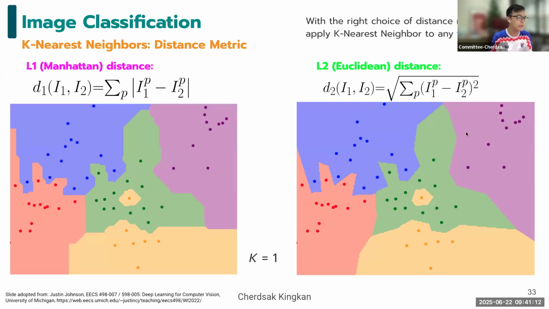But if you are using the L2 distance, it can go in many angles in between. Anyway, it depends on the type of data you have, so you might need to try either one of these and see which one works best for you.